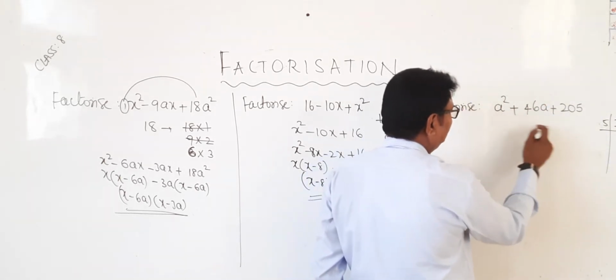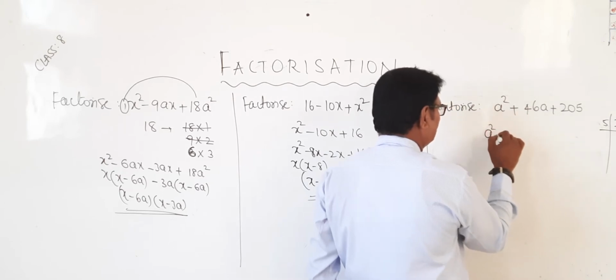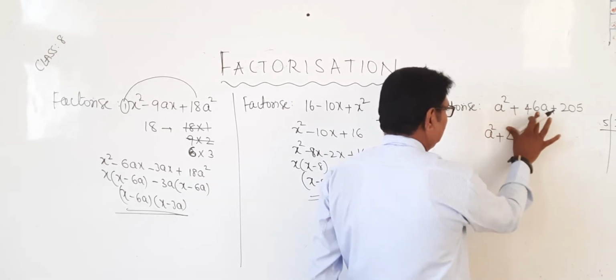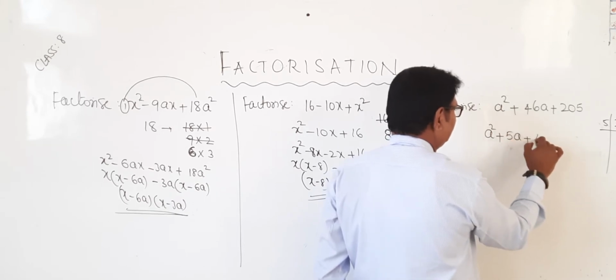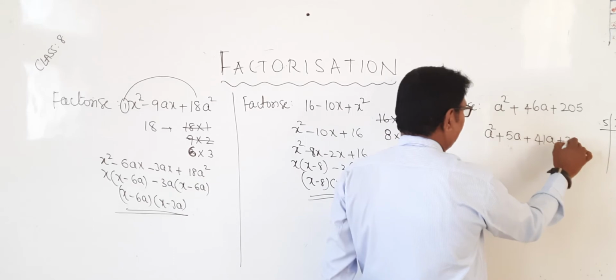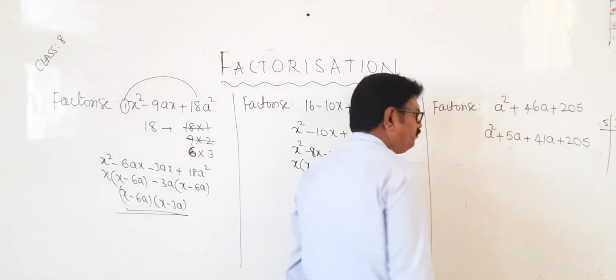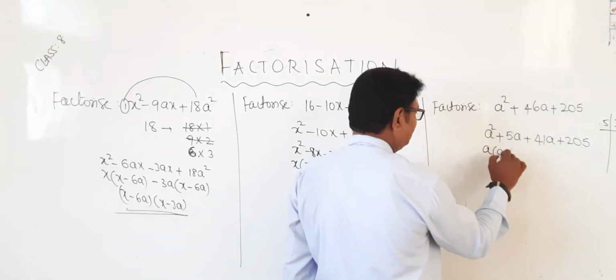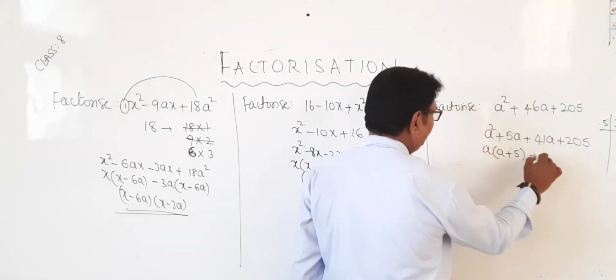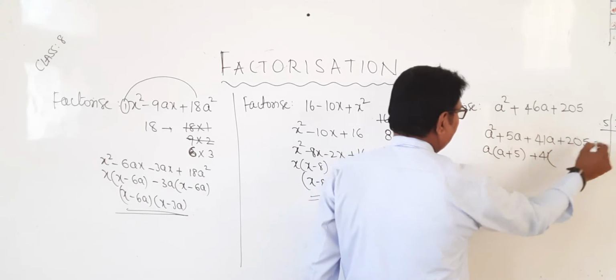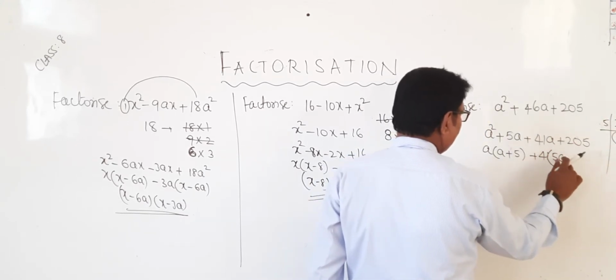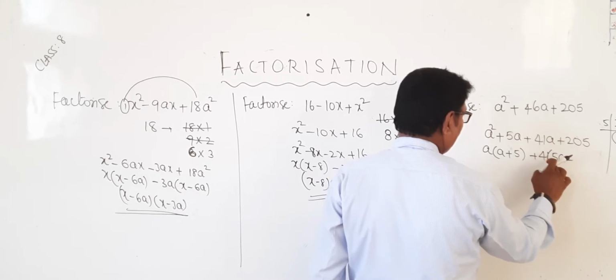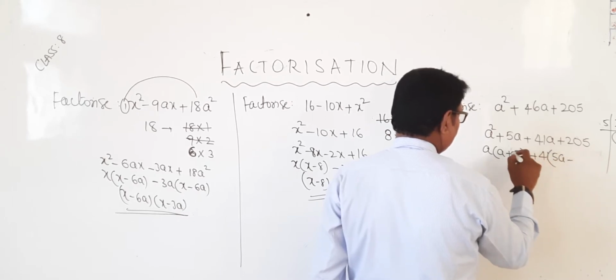Here 46 is there, therefore directly take a square plus 5a plus 41a plus 205. Now, if you take a as common, a into a plus 5 plus 41, and what is the remaining? 5a. Sorry.